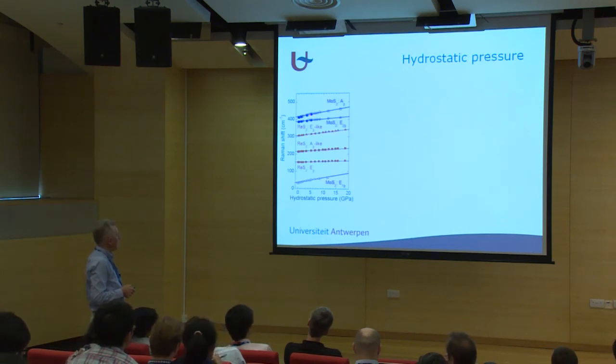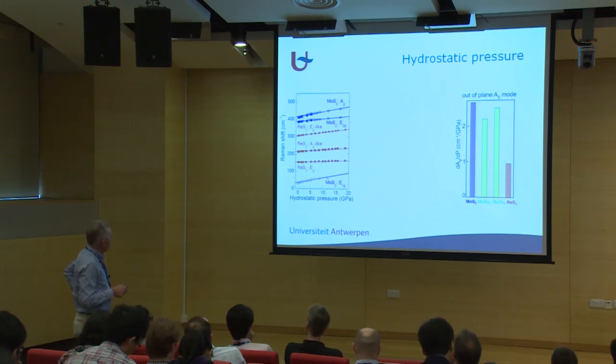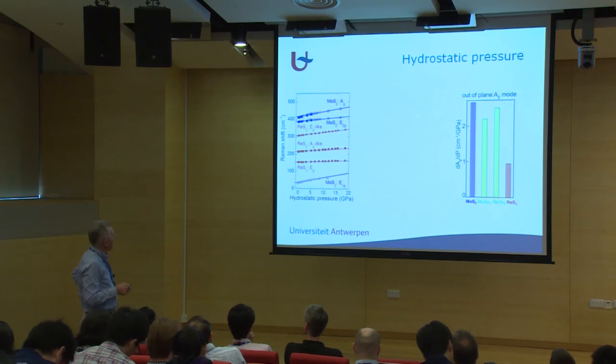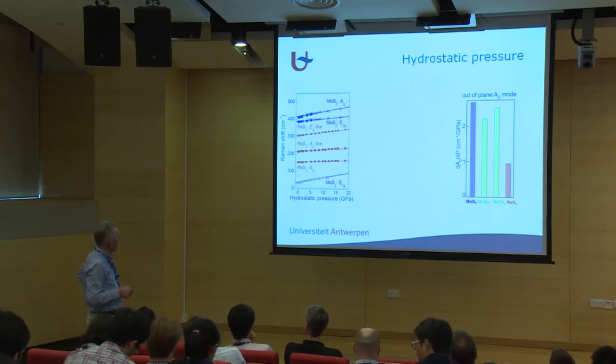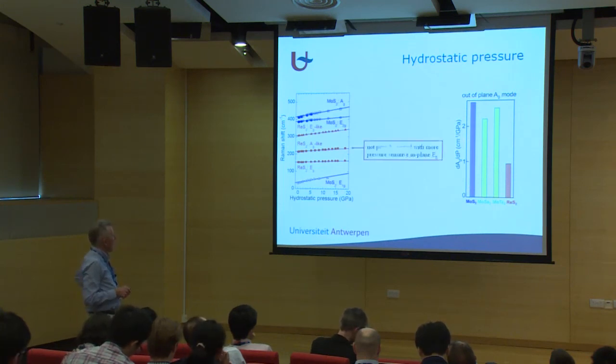The effect of pressure on the phonon modes. So this is the hydrostatic pressure. If you look at the AG mode in molybdenum disulfide, that has the highest frequency, while here it has a lower frequency than the EG mode. You see this one changes much more than in rhenium disulfide.